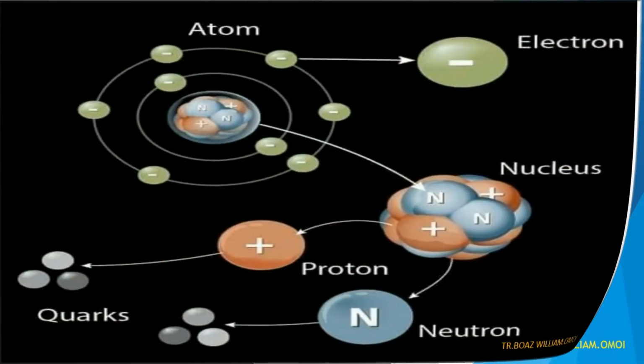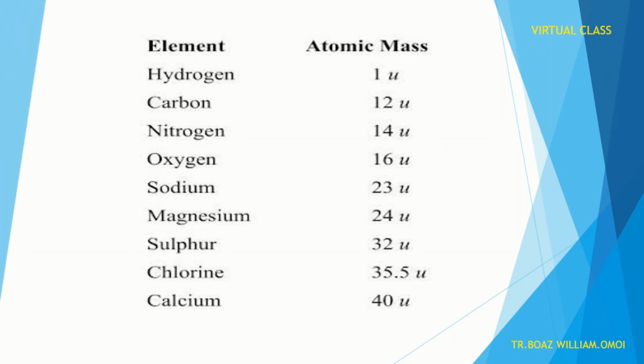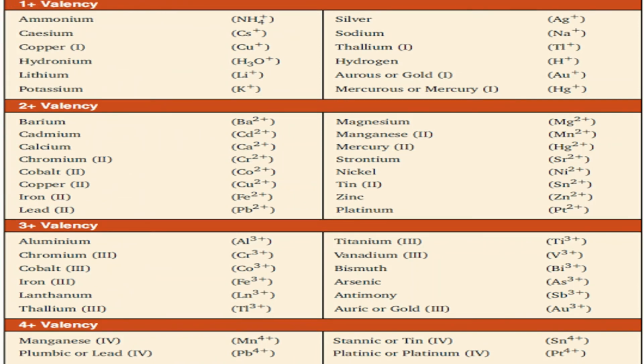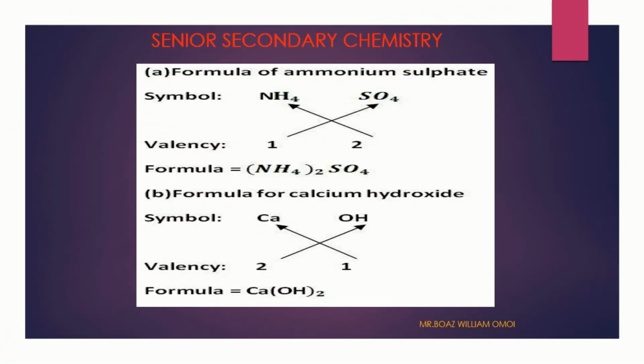Having talked about these very important radicals, I want us to move on to something very important, chemical formula. Having understood valency, you can use these valencies to write the correct chemical formula of a compound. For example, let's write the chemical formula for ammonium sulfate. We know that the ammonium radical has a valency of 1 and the sulfate radical has a valency of 2.